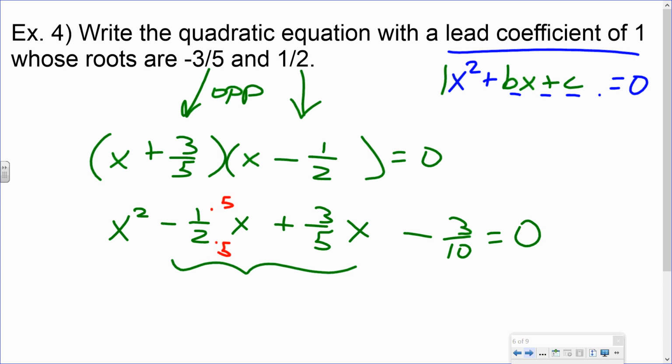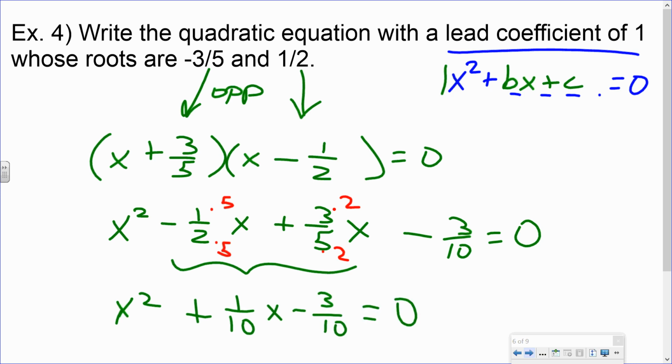So times 5 and times 5 and times 2 and times 2. So I've got x squared minus 5/10 plus 6/10, so plus 1/10 x, and minus 3/10 equals 0.